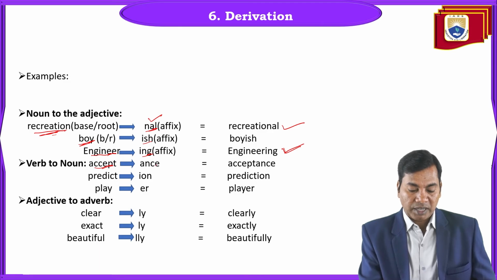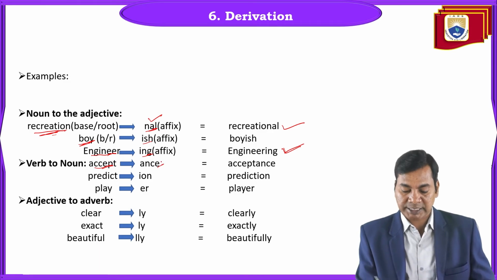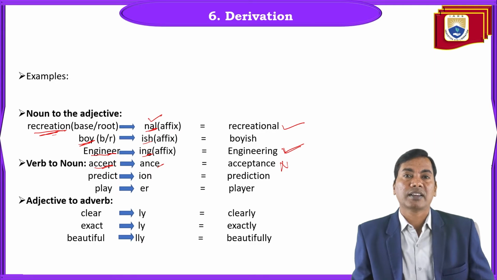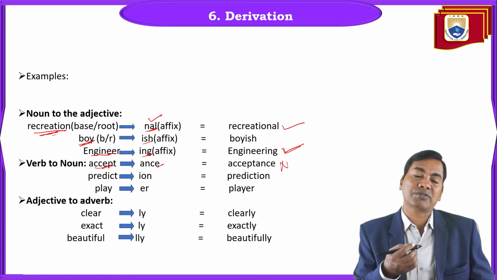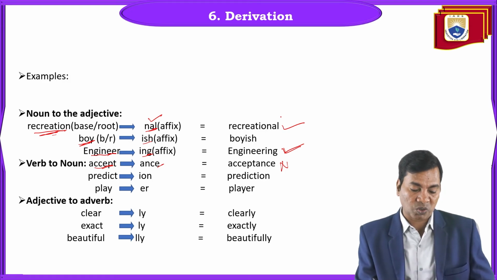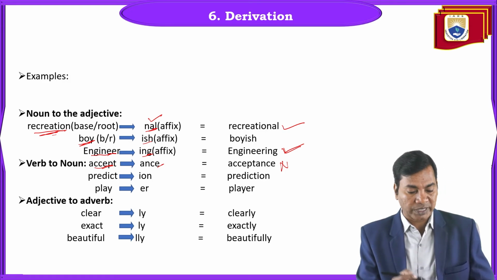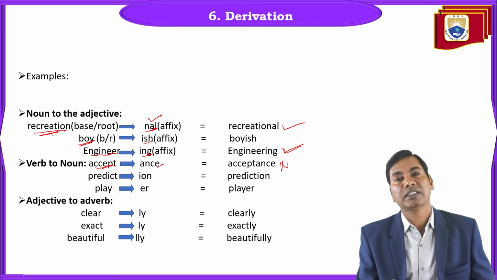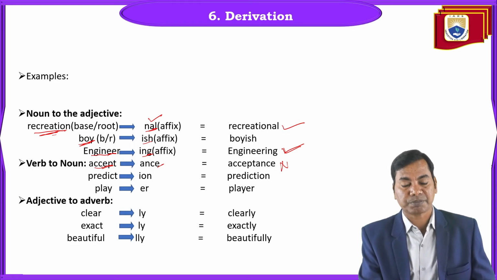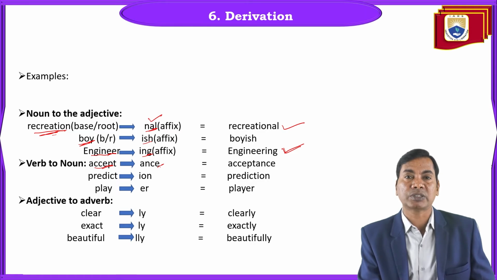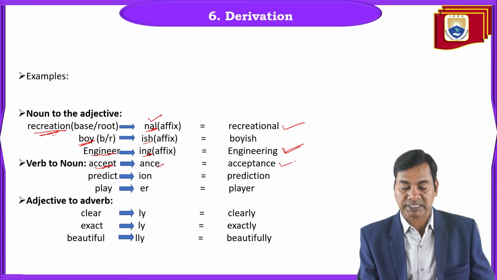If you affix ance to that, it becomes acceptance, which is a noun, right? So we are deriving nouns from the verb. Earlier we looked at how to derive adjectives from the noun. Now we are looking at how to derive nouns from the verb. Accept is a verb. By affixing ance to that, we have got acceptance, which is a noun.